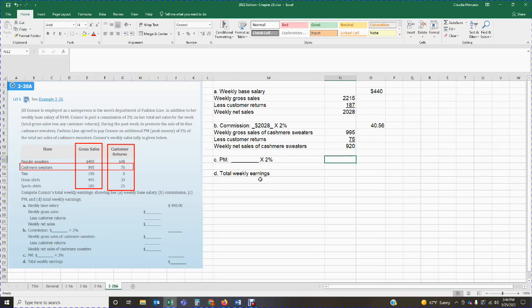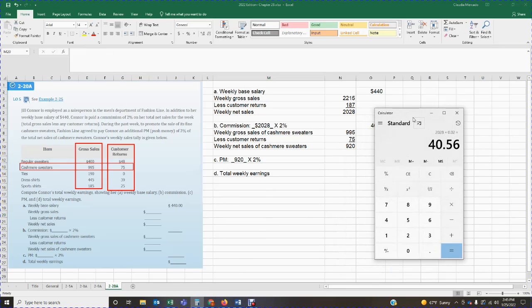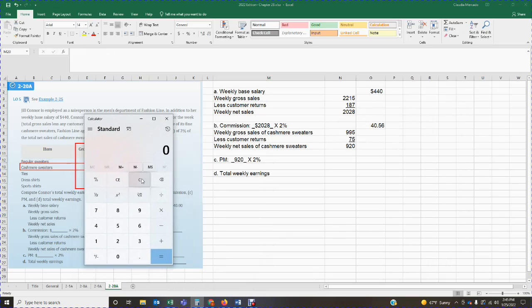Okay. Now that I've got my net sales for my cashmere sweaters, I can get my $920 of cashmere sweaters, and I'm going to multiply it by 2% because they're paying you an extra 2% on your sales of cashmere sweaters. So $920 times 2%, that's going to give me $18.40.